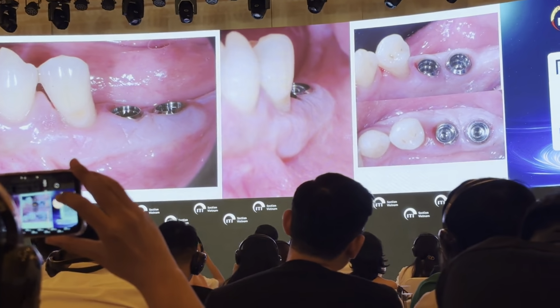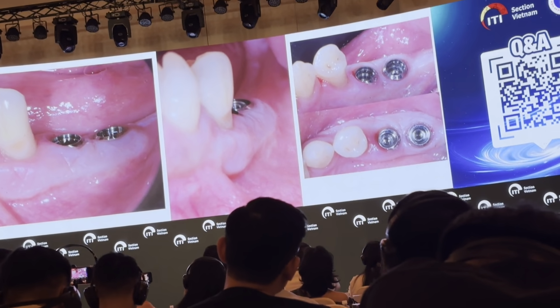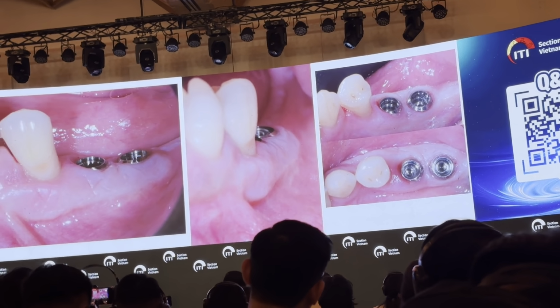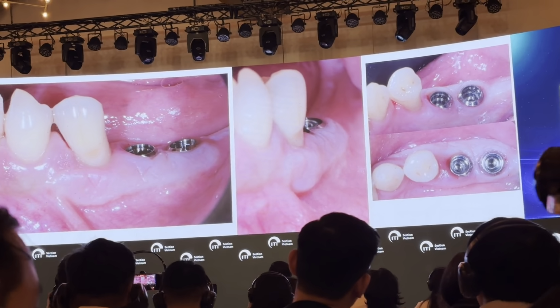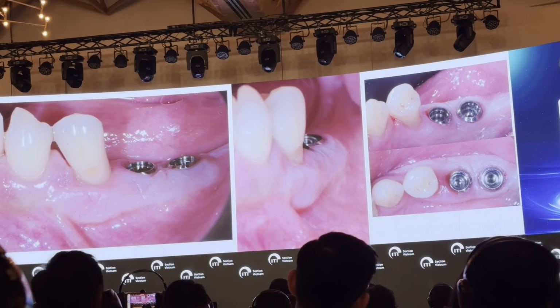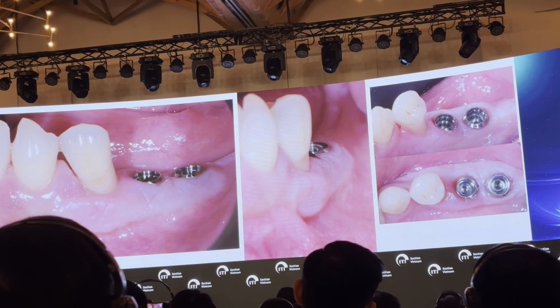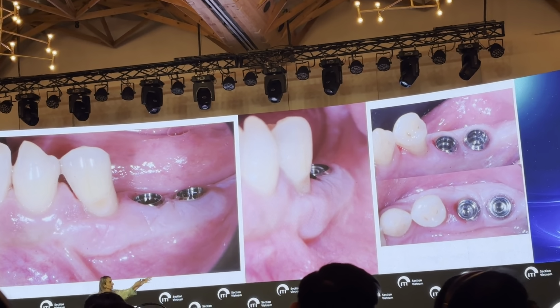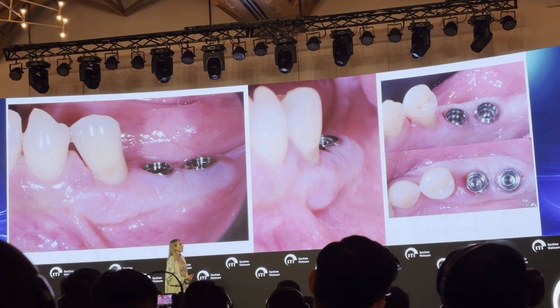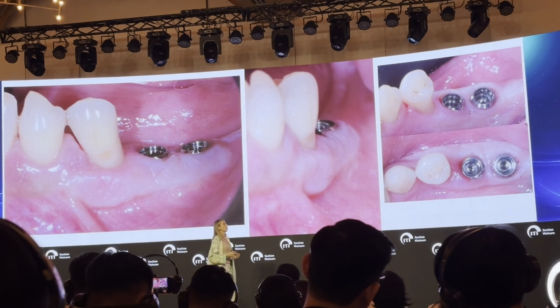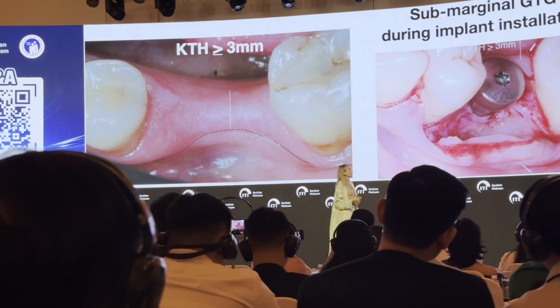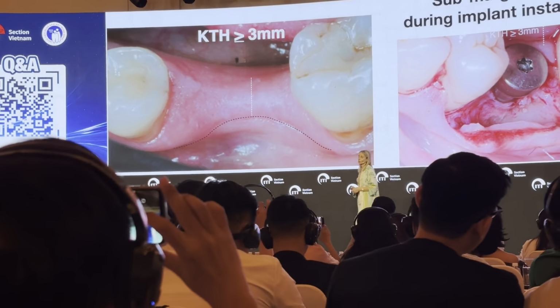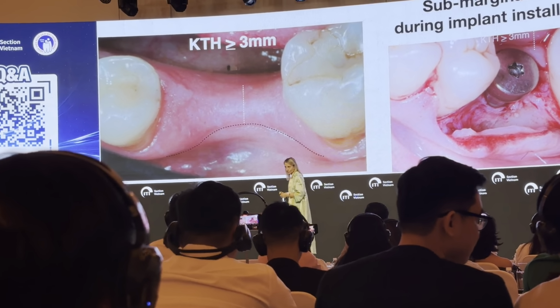So now we have to wait for the healing and the soft tissue maturation, and you can see that the implant is surrounded by keratinized tissue, also at the level of the recession affecting the second premolar. In the lingual aspect, we have the vestibule, and this allows the patient to clean in the proper way.